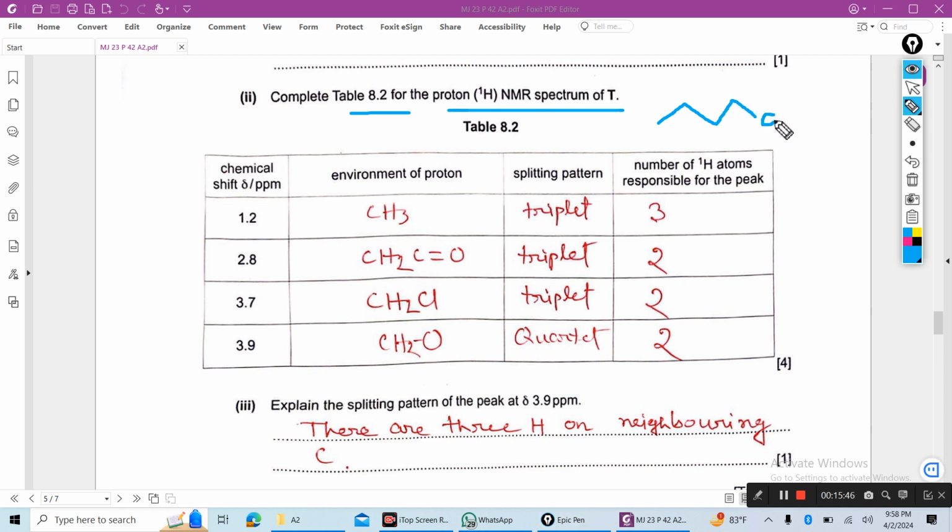This is compound T. This is an ester and also a chlorine atom.